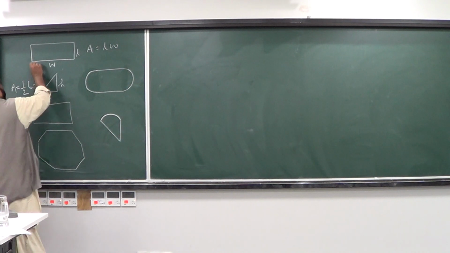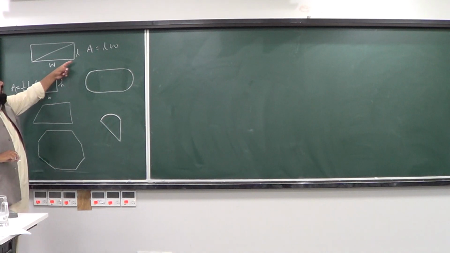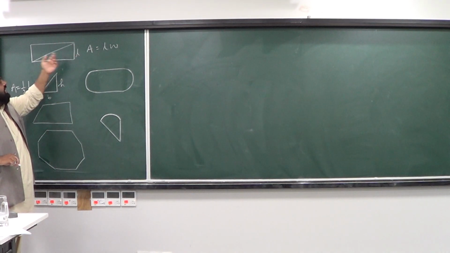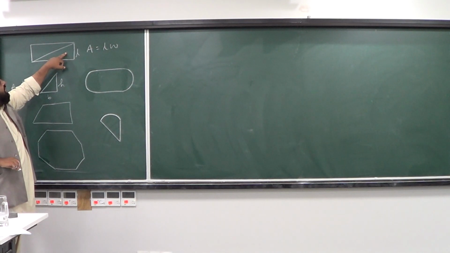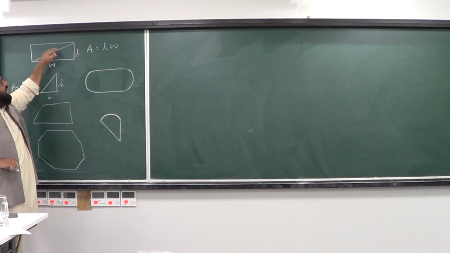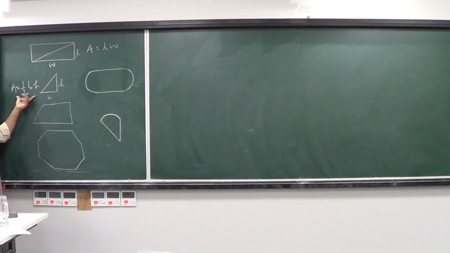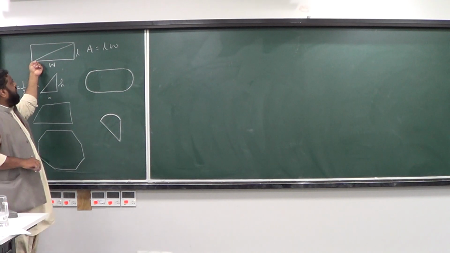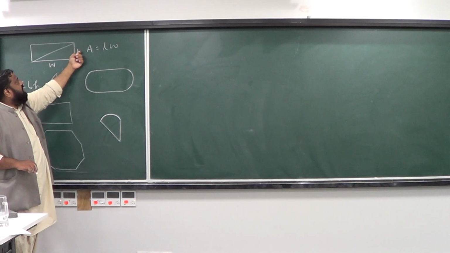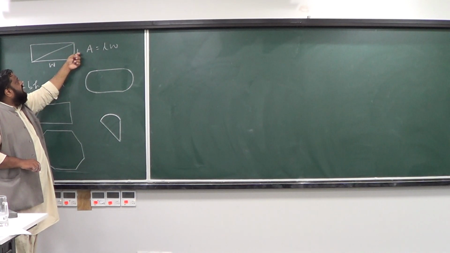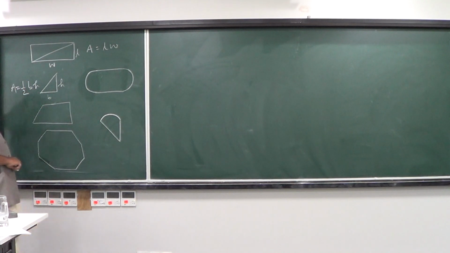If you split a rectangle into two parts, so if the area of this rectangle is length times width, the area of the triangle is going to be half of this length times width. So naturally, you should get this formula. Also, if you have this triangle, this is the base of the triangle, this is the height of the triangle. You multiply them and divide by two, and you get the area of the triangle.